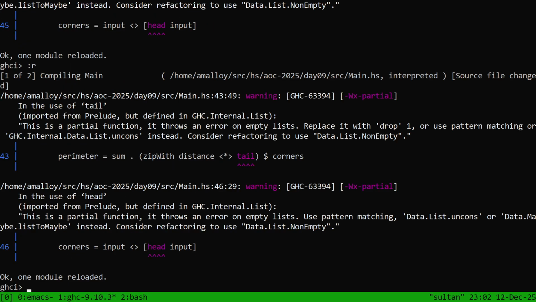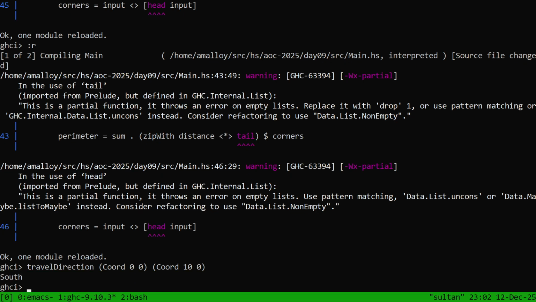So for example, let's test this. If I said travel direction of coord 0, 0, if I were to go to 10, 0, that's y increasing, which should be south.